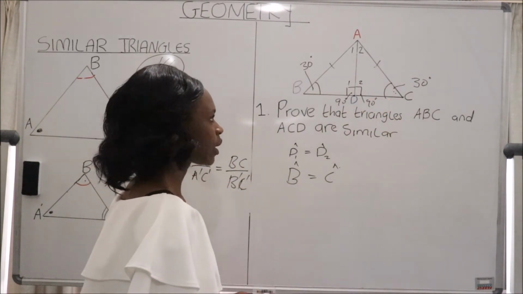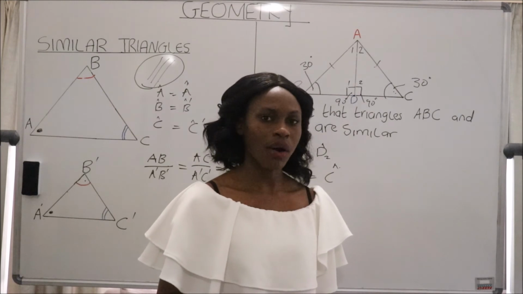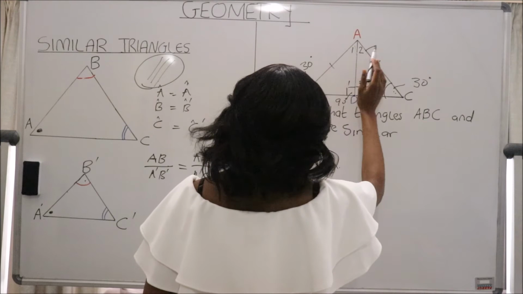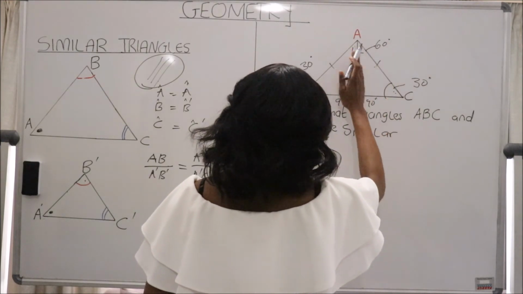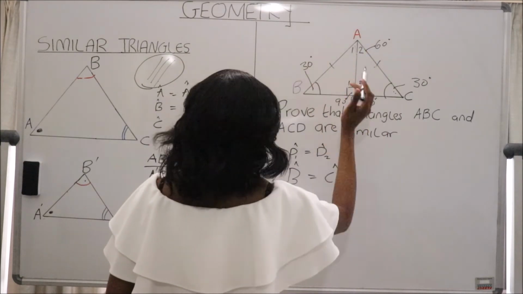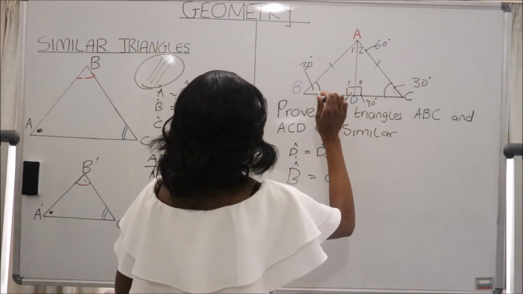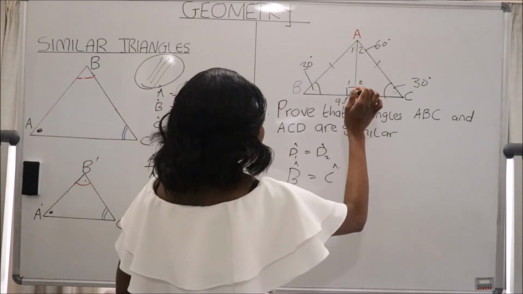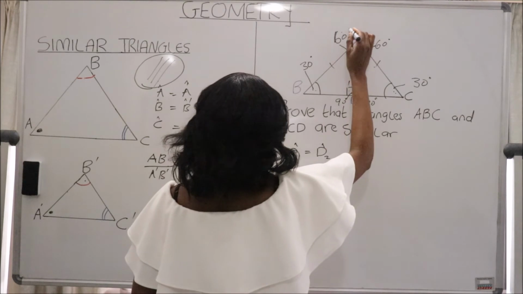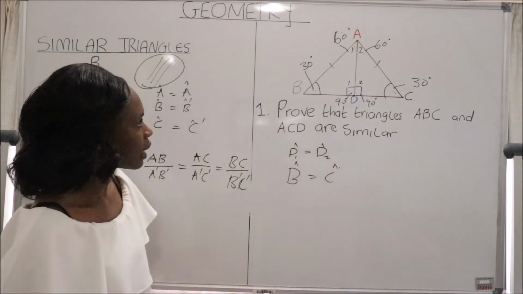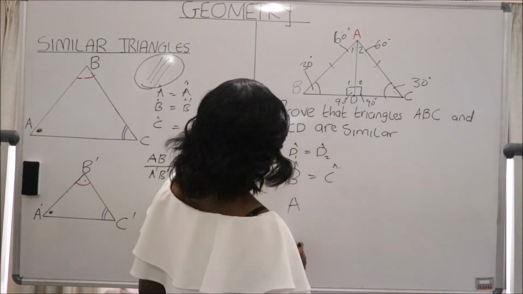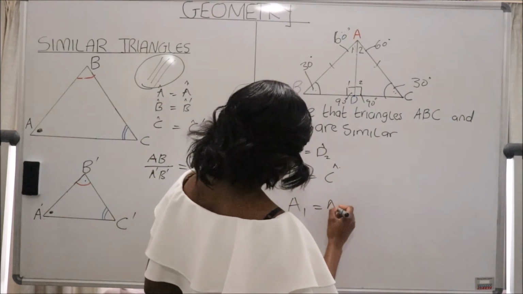Remember that the sum of angles in a triangle must add up to 180. So with this first triangle, this will be 60 degrees. The same happens with the angle A1: the angles B plus A1 plus D1 must also give us 180, so this should also be 60 degrees. So A1 is equal to A2.